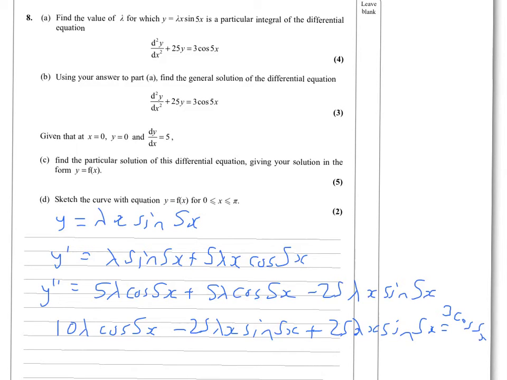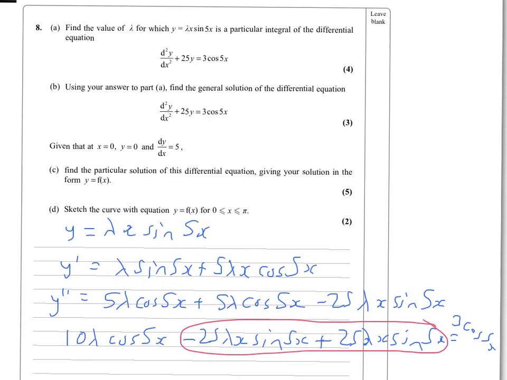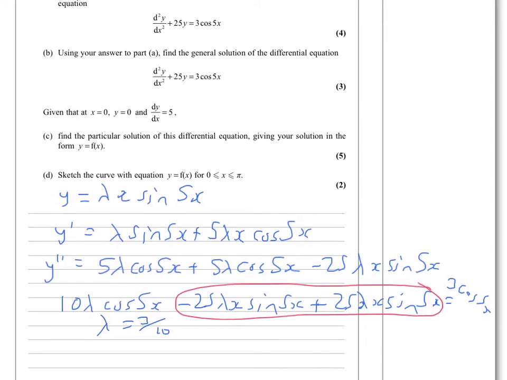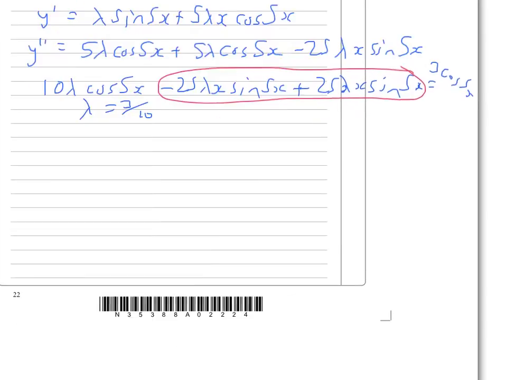So clearly all of this cancels and we're left with lambda equals 3/10. So the solution is lambda equals 3/10.